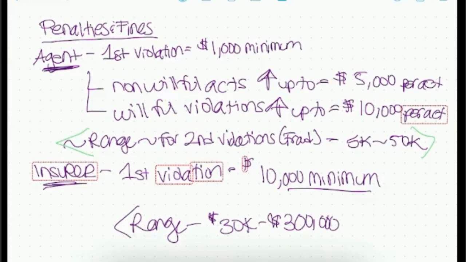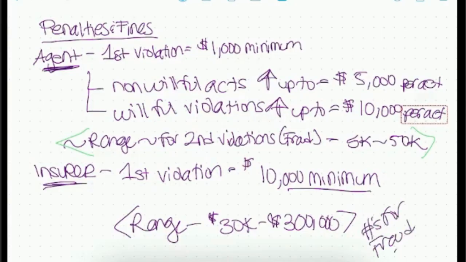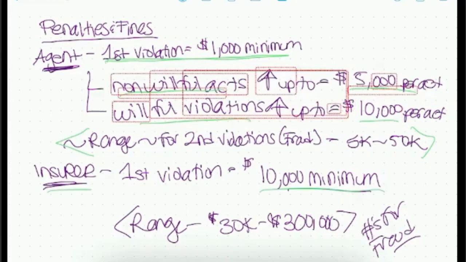Again, we will get into the numbers that you need to know for fraud, but I wouldn't worry too much about the ranges. I would pay attention to this first violation minimum, and then the non-willful or willful violation, and the first violation for an insurer. And don't even worry about that other stuff until we get into fraud, okay?